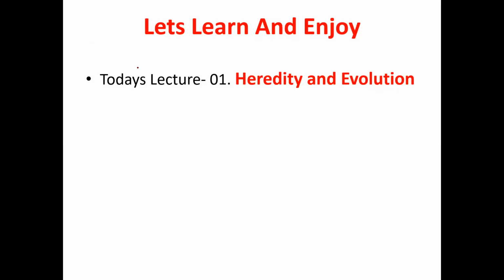Today we will cover this topic, Science 2, chapter number 1, Heredity and Evolution. So what is in this chapter? See, heredity basically deals with the genetic characteristics that you have. Whenever the term genetic is used, it relates to your DNA.